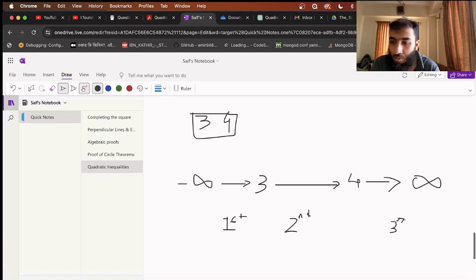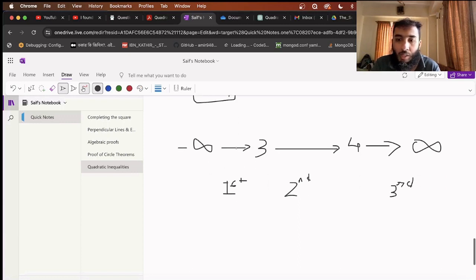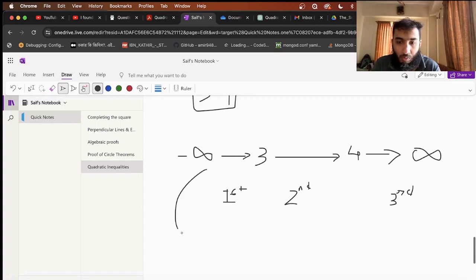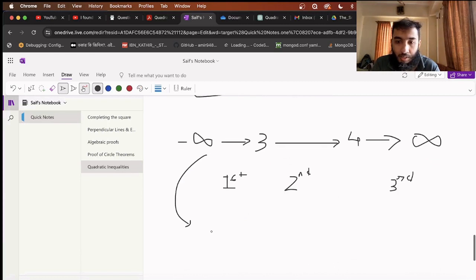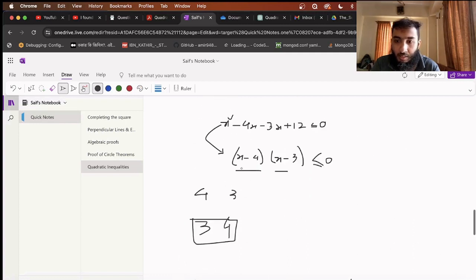So let's test one value from each interval. Let's take one value from this interval. What is between minus infinity and 3? Let's say minus 2. Okay, so let's use the value of minus 2 in this inequality.